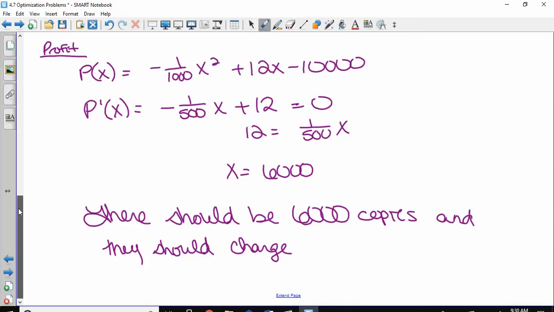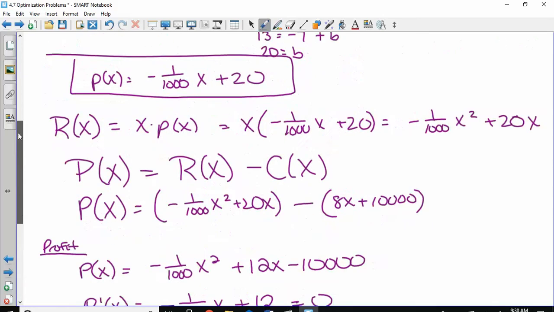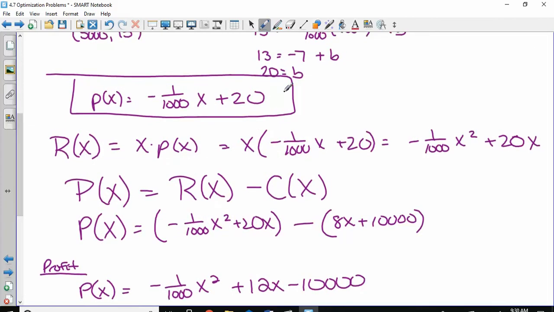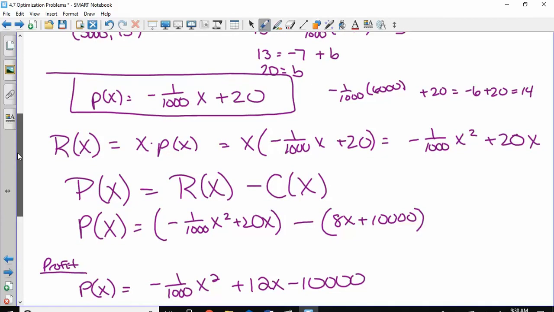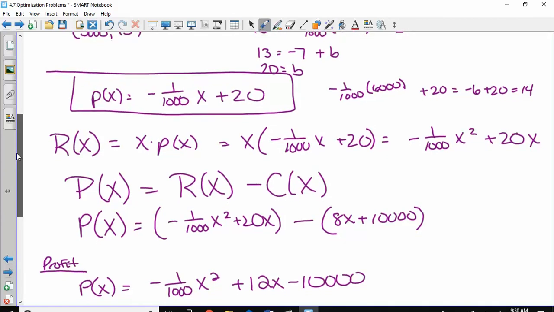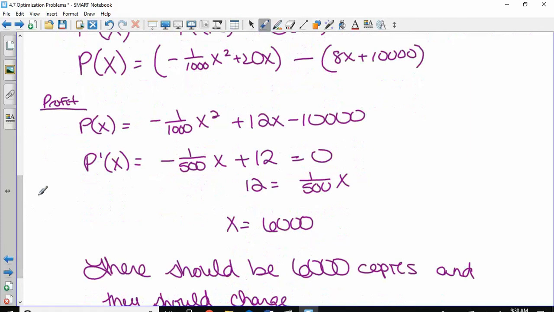If I'm asking how much I should charge for them, is that profit, revenue, cost, price? What is that? Price. We have a price equation right here. So if we plug in 6,000, I get -6 plus 20, which is 14.